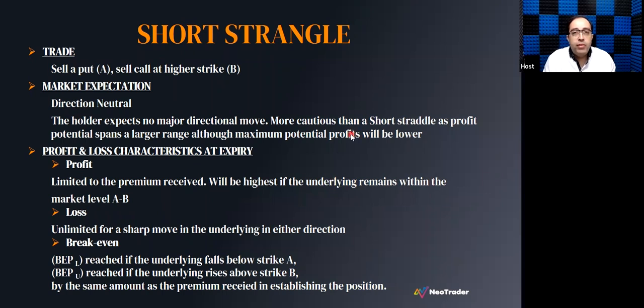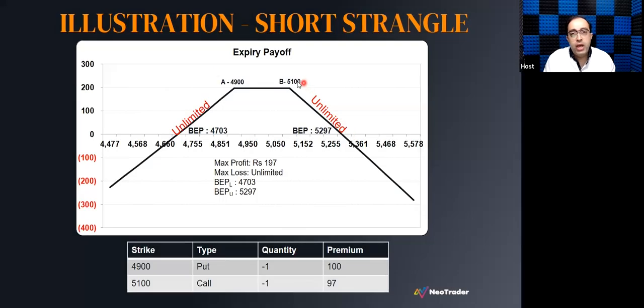Now, once you sell a strangle, you will receive the premium. And here again, you are locking your entire profit based on the range. So as long as it is in this range, you can see here you are selling a 4900 put and you are selling a 5100 call.